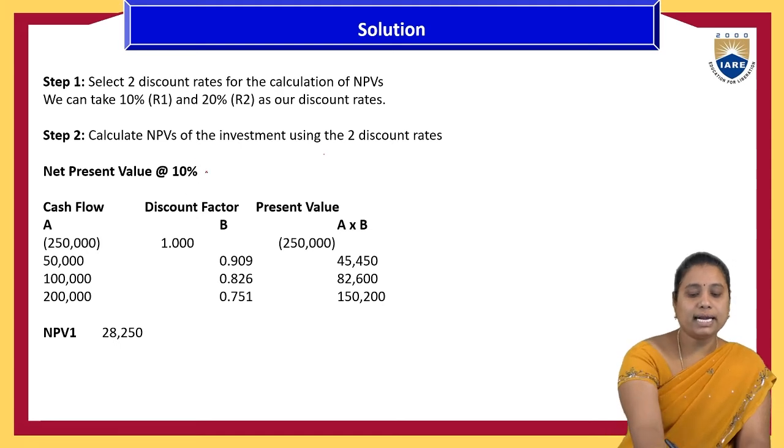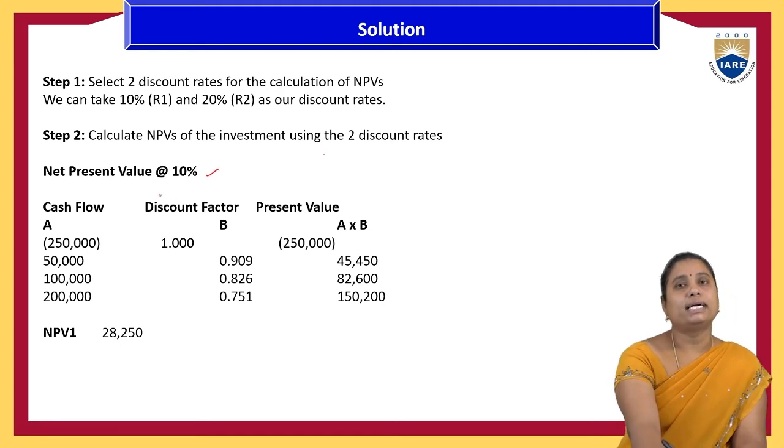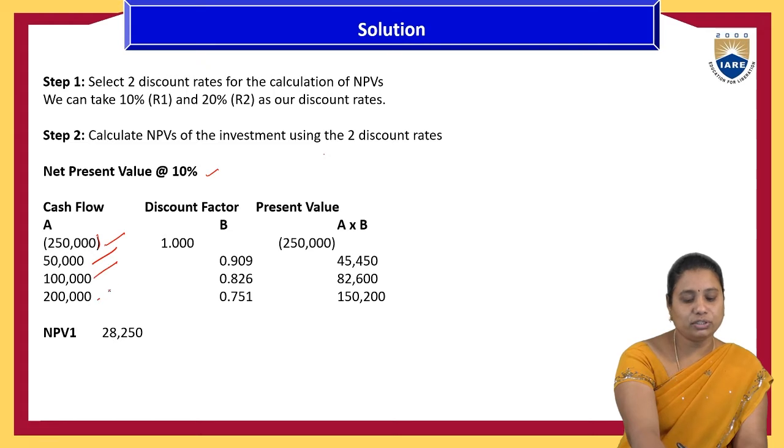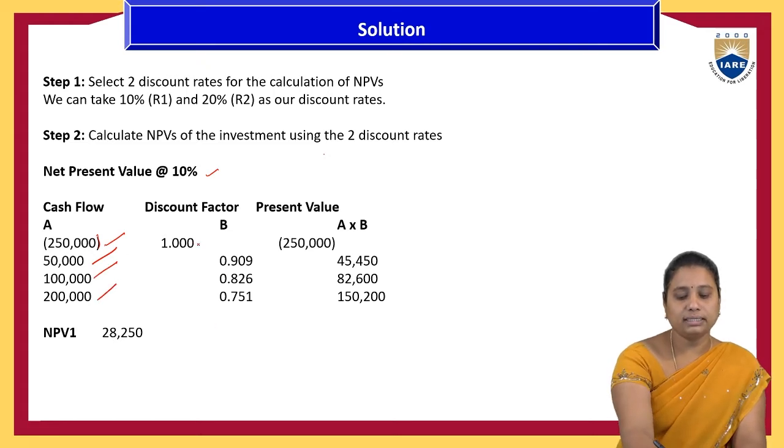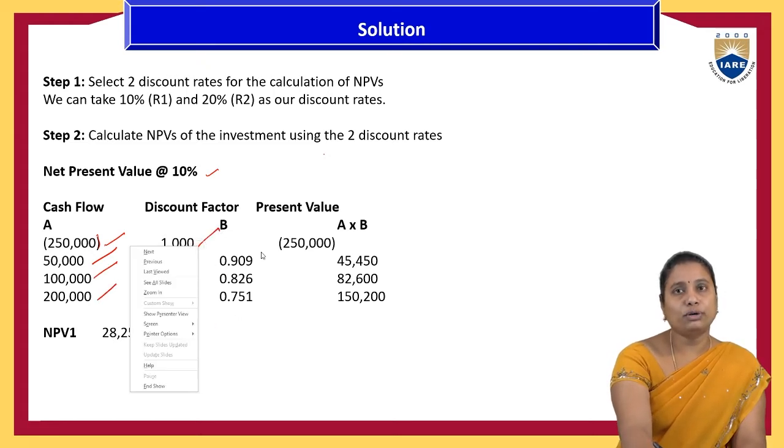So at R1, NPV 1, at 10%, the cash flows are a 25,000 cash outflow, which is in brackets, and cash inflows of 50,000, 1 lakh, and 2 lakhs. The discount factor is 1 rupee here.